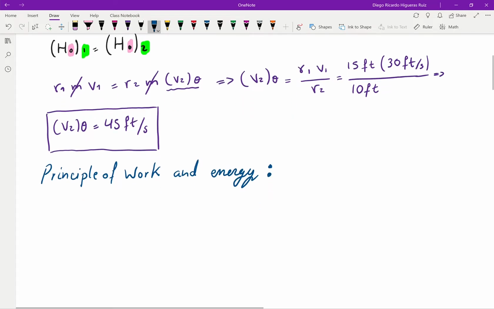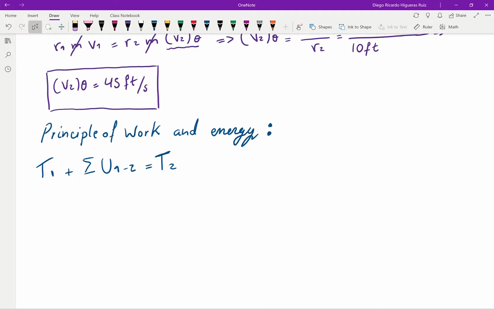And that kind of makes sense because we can relate energy and work, so we can actually get that number. So we write that equation down, it's going to be T1 plus the summation of all of the work done by the forces through the process equal to T2, where T1 and T2 are the kinetic energy. So we can write that again.